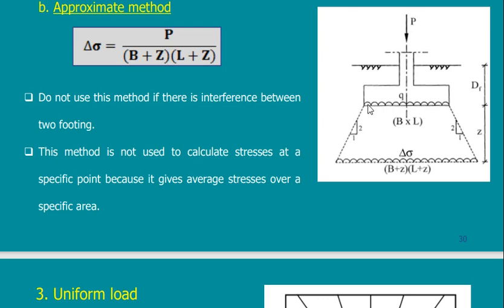If this footing is here, it is affecting the area below it. But if I ask what is the effect of this footing at a depth Z below the footing, will it be the same?